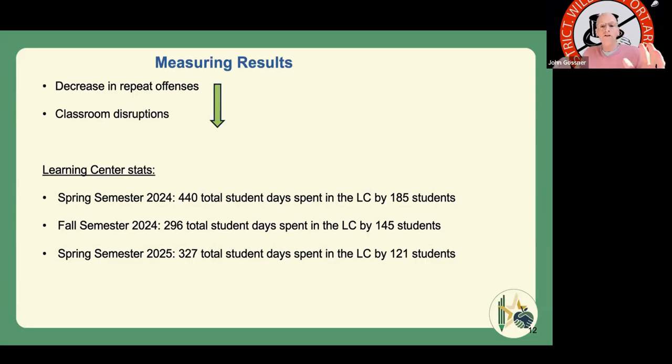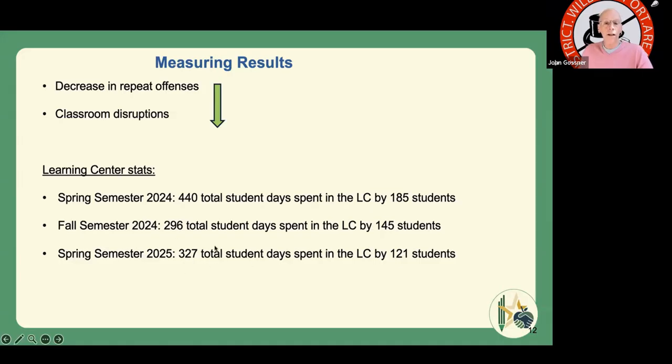So in just January of 2024, you see, we had 440 student days. That's not 440 students. It was 440 student days in the Learning Center just that semester. And it was 185 unique students. Okay. So then we begin to see things drop drastically: from 440 in the fall semester to 296, and from 185 to 145 students.